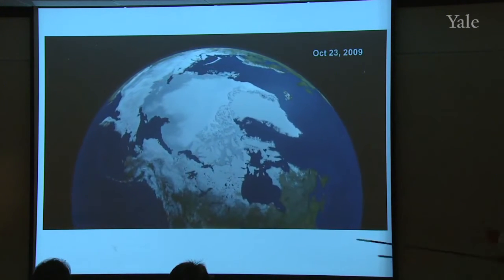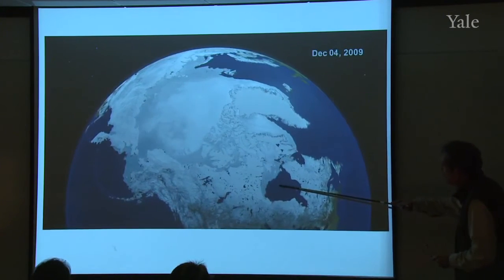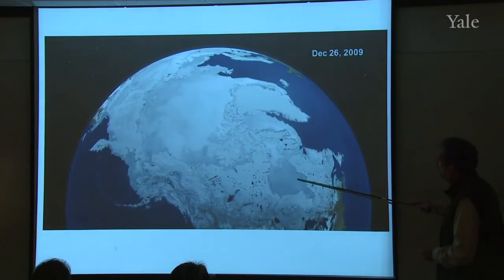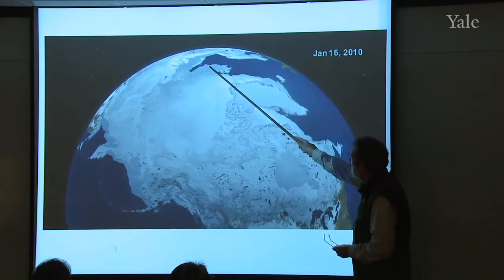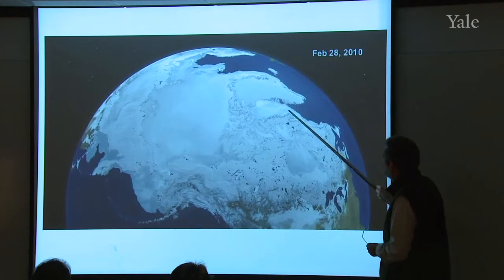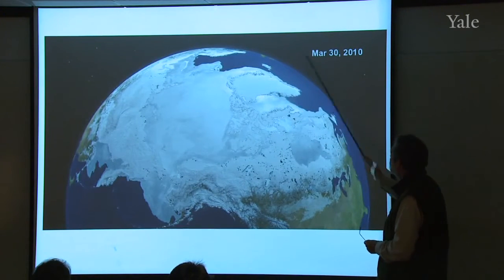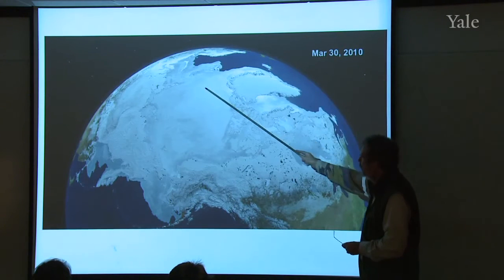So it's growing now, filling out the basin. Look what's happening in Hudson's Bay, filling in James Bay too. Still growing a bit up here, but it's now about as far as it's going to get. A little bit of extra growth there in Baffin Bay, a little bit more growth in the current bringing it down, and then there we are in March. So that's kind of at the maximum.